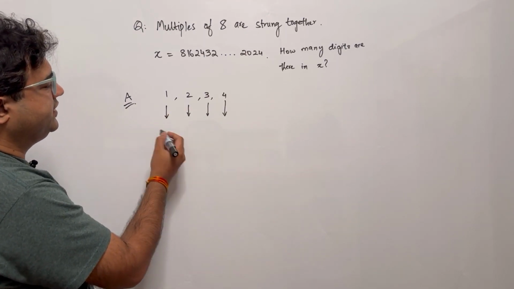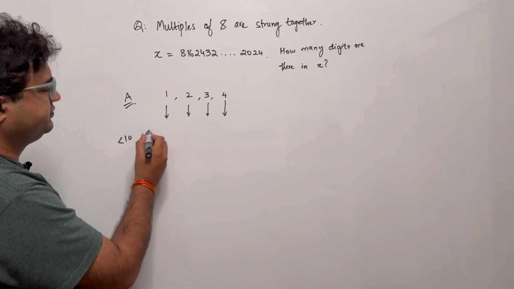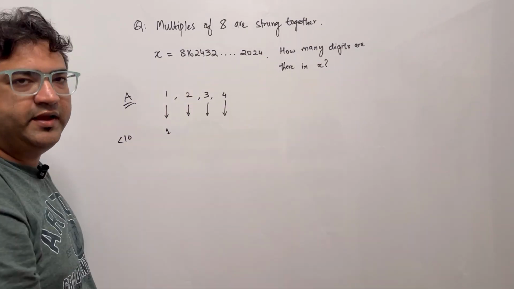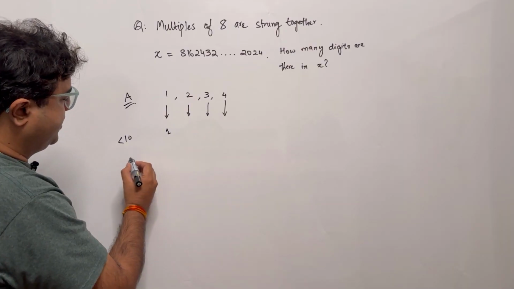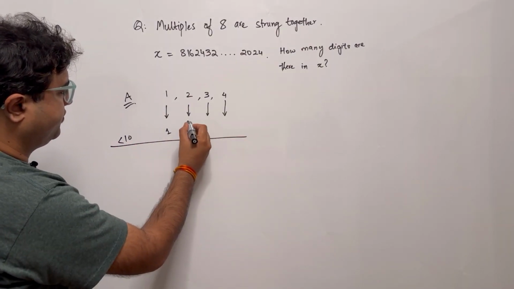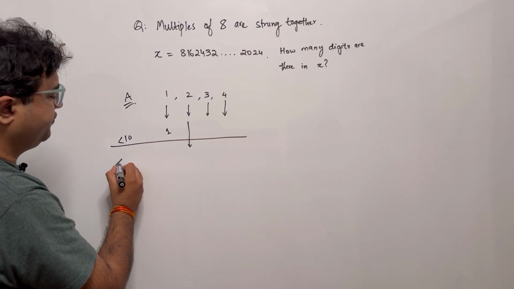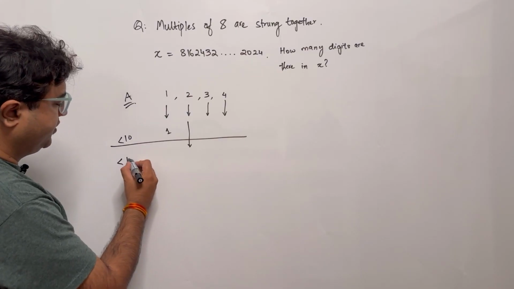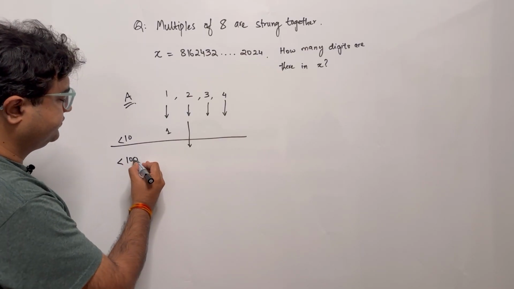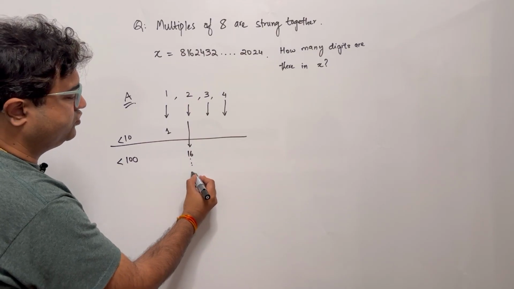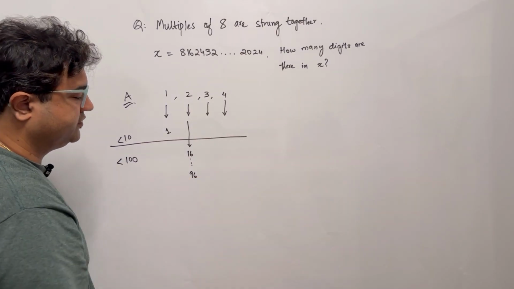Anything less than 10, we have only one multiple of 8, which is this number here, 8. Now, a multiple of 8 which has 2 digits will be less than 100. So we start with 16 up to 96.